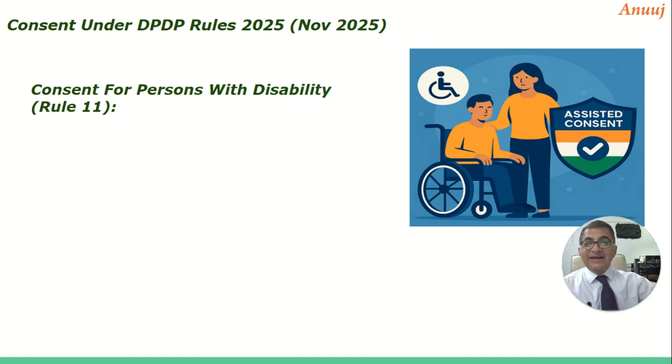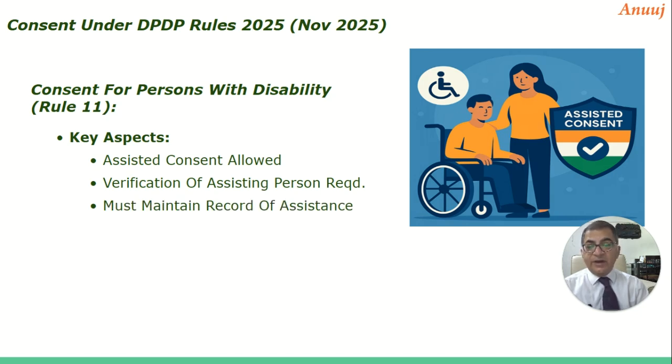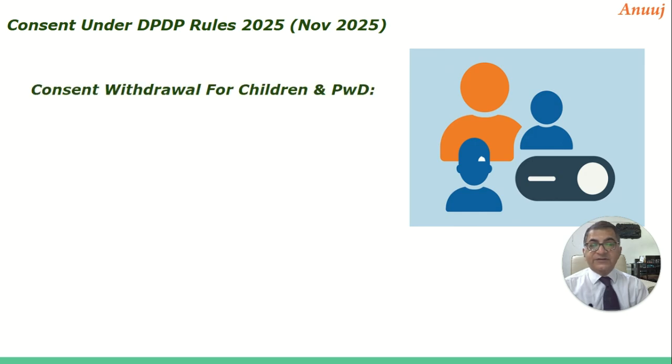Dialysis in this case is my PII because that's my treatment here, though it might be common with thousands of people, but for me it is PII for now. So assisted consent should be allowed. A legal guardian should be there with the disabled person. Verification of this assisting person is required, and a record of assistance must be maintained.